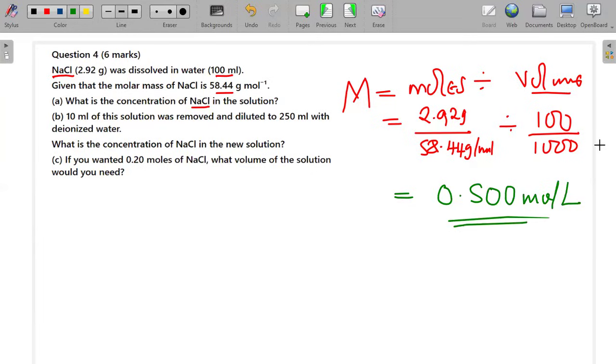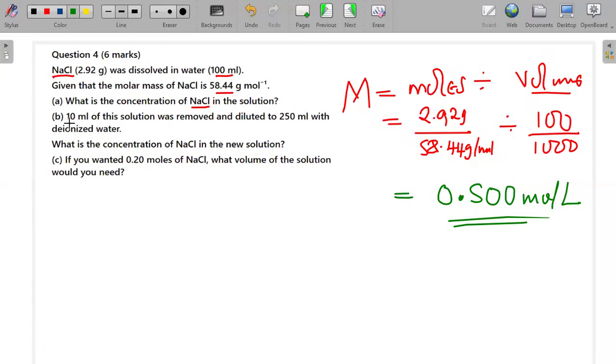So try to punch this on your calculator. You say 2.92 divided by 58.44, and then divided by, in the other brackets, 100 divided by 1,000. You're going to get 0.49999. I've just rounded it off here to 0.5 to make our calculations easier. So this is the concentration.